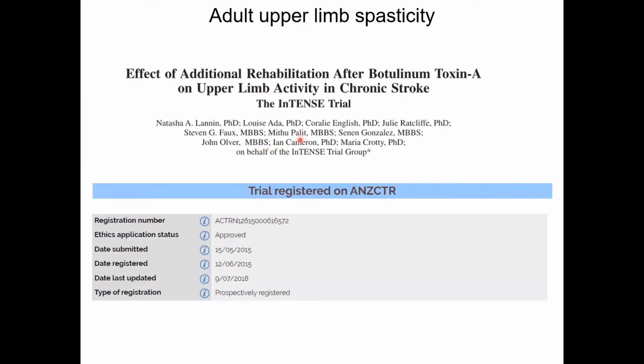This clinical trial is also for adult upper limb spasticity, but this trial was started after the FDA approval for upper limb spasticity. Therefore, it was not a trial for a new drug application. Therefore, the Botox use when this trial was conducted was on-label use.